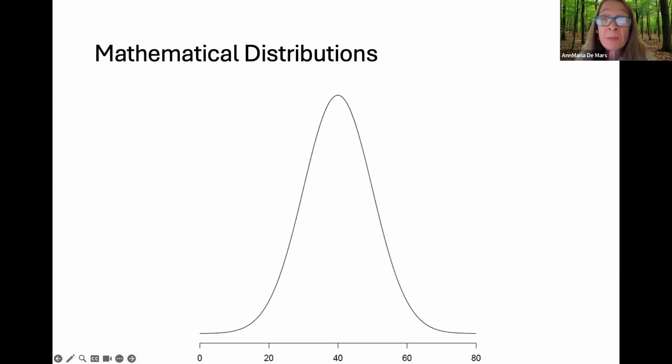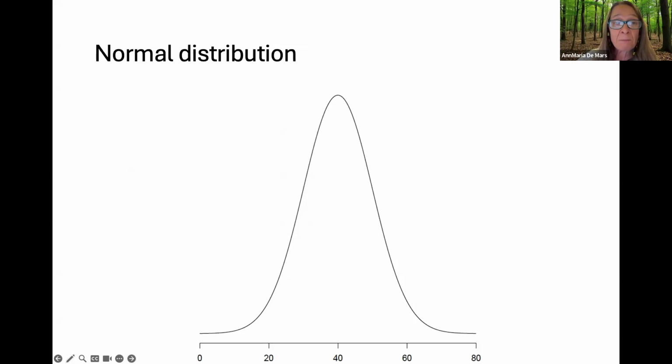Statisticians have developed some mathematical formulas for describing distributions, and you've probably been using these distributions without thinking about it. One you'll hear a lot about is the bell-shaped or normal distribution. That's probably the one you're most familiar with. In fact, there's a whole chapter on it later in the course, chapter 7.